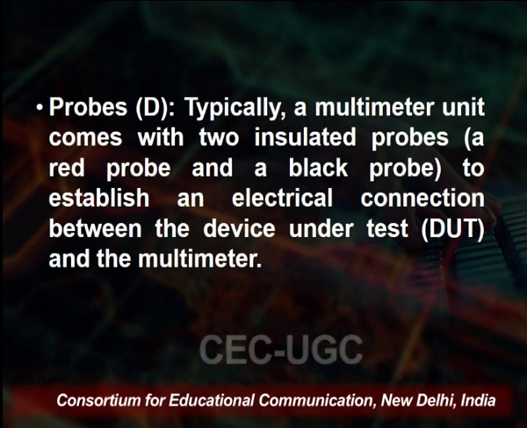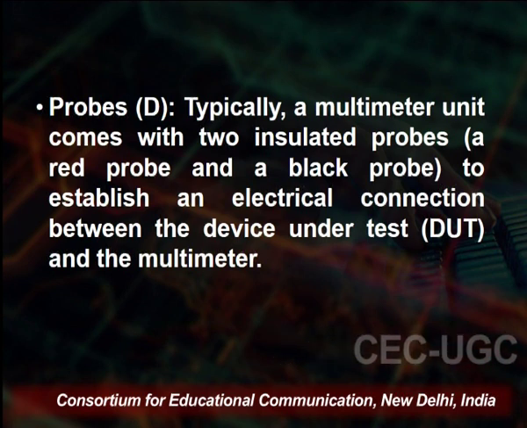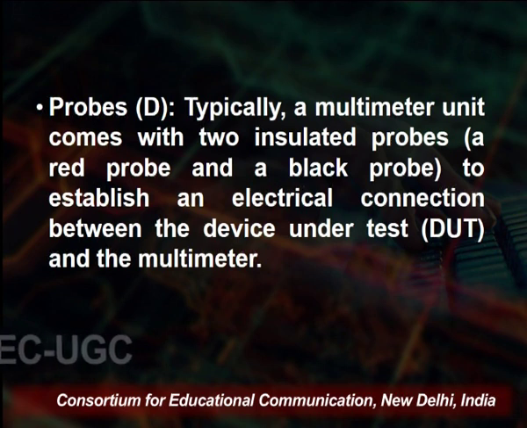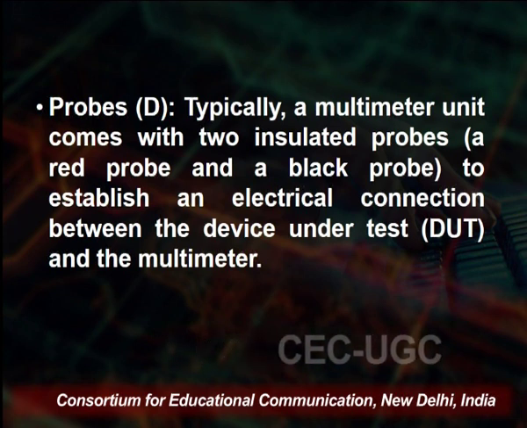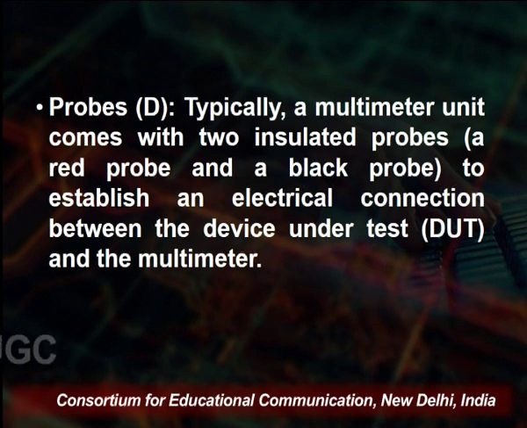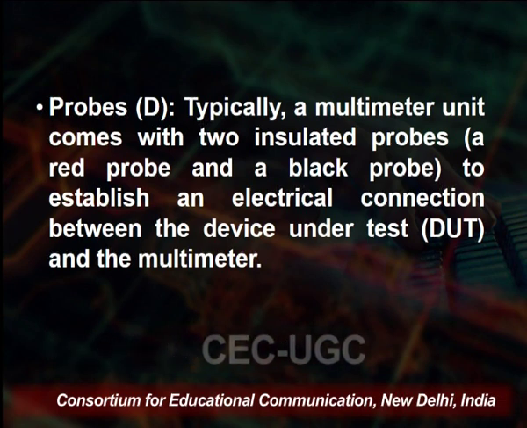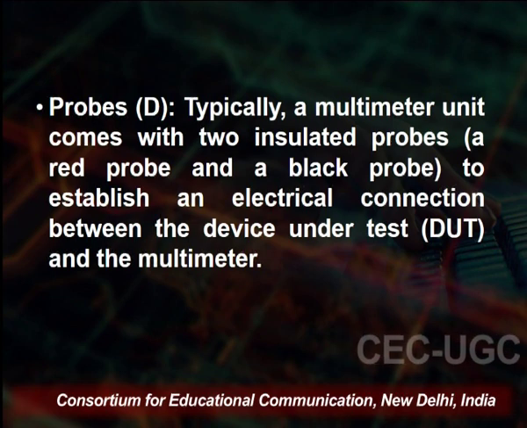Another is the probes. Typically the multimeter unit comes with 2 insulating probes, one red and one black, to establish the electrical connection between the device under test and the multimeter. These 2 probes work as a connector between the device and the multimeter. The multimeter is connected through the ports.